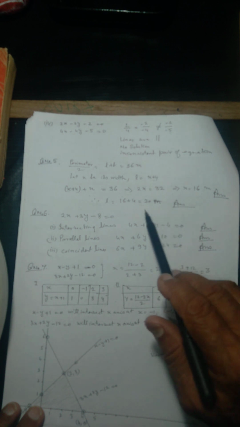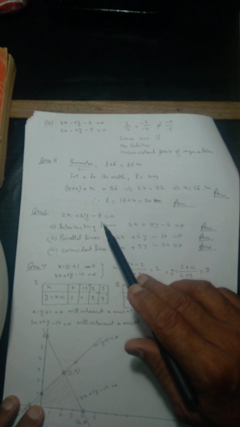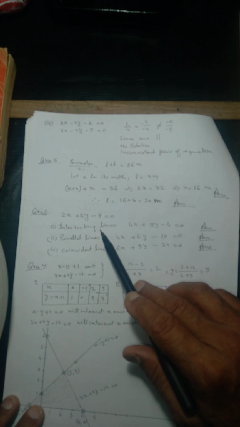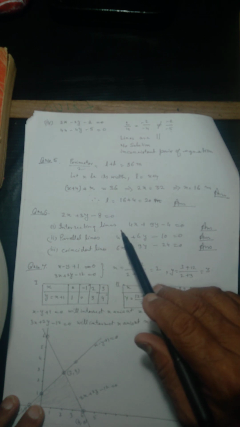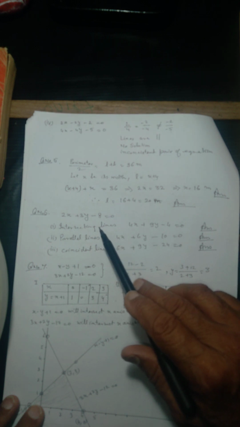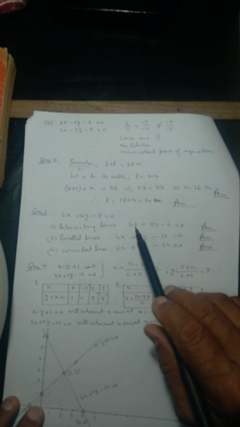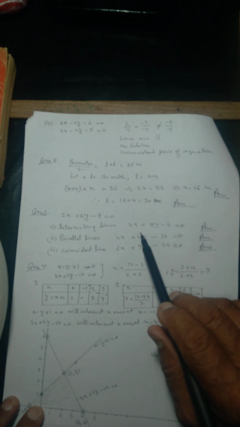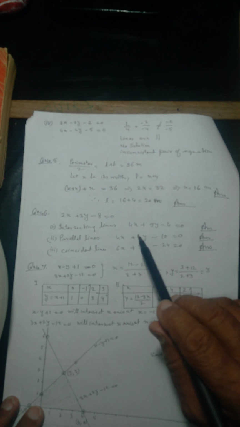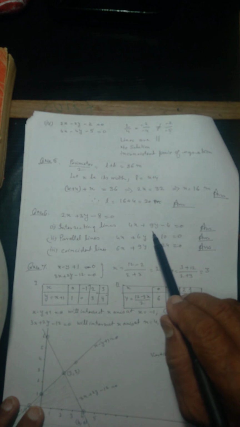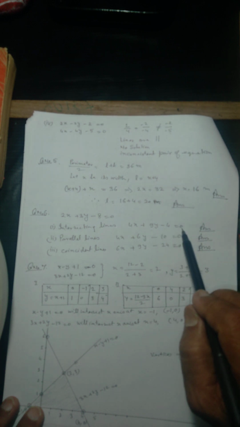Now proceed to question number 6, that is 2x plus 3y minus 8 is equal to 0. So here we see the intersecting lines. If you have to write the intersecting lines, we can write as many as we require, but here I have given one example of it, that is 4x plus 9y minus 4 equal to 0.